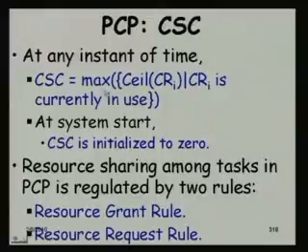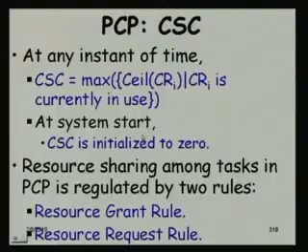So, the current system ceiling, as we were saying, is set to the maximum of all ceiling values of the resources in use. This is just a formal writing that the current system ceiling is equal to the maximum of all ceiling values of resources that are currently in use.